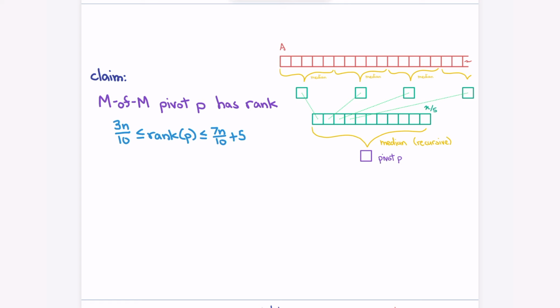Is that correct? Yeah, 3n over 10, 7 over 10. I think that's the middle 40%. Which means when it comes to your recurrence, instead of decreasing your input size by 1/10, you're going to be able to decrease your input size by 3/10.